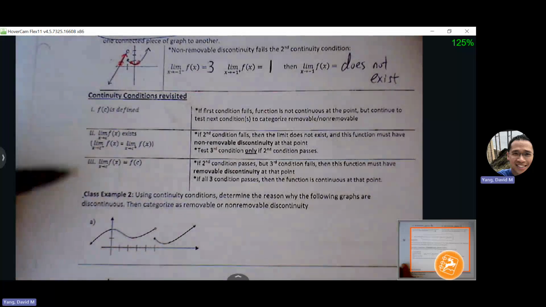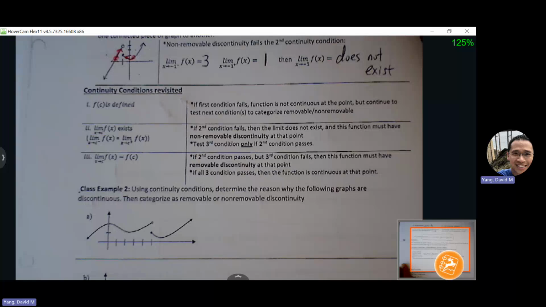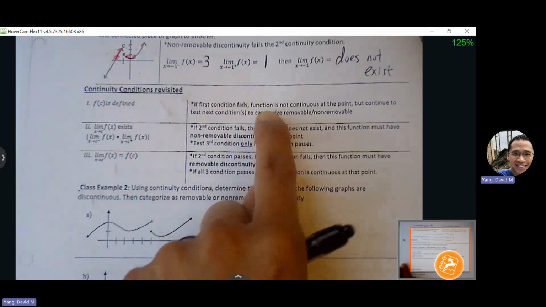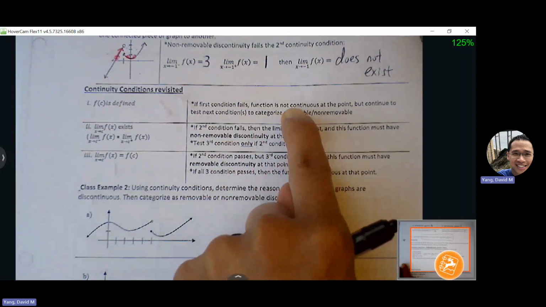Let me revisit the continuity conditions, and then we can look at 3 examples and practice writing out those conditions. So if the first condition fails, obviously the function is not continuous because the graph is not defined at that point.